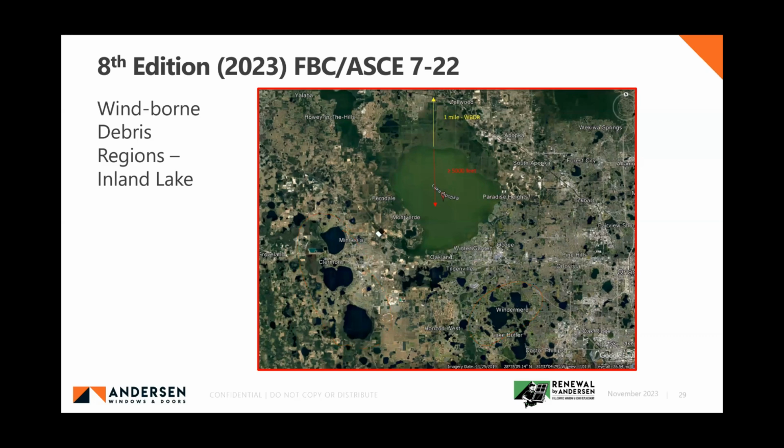So as a result, the commission decided to delay, I think is the phrase they used, the implementation of this and revert back to the old edition, and perform a study to determine the risk of these inland bodies of water to windborne debris.